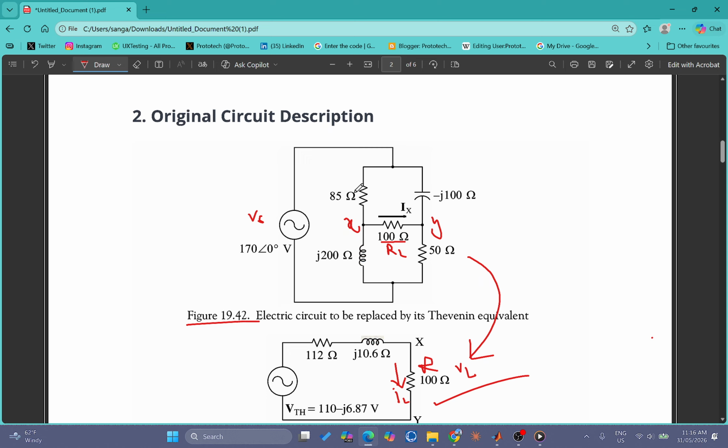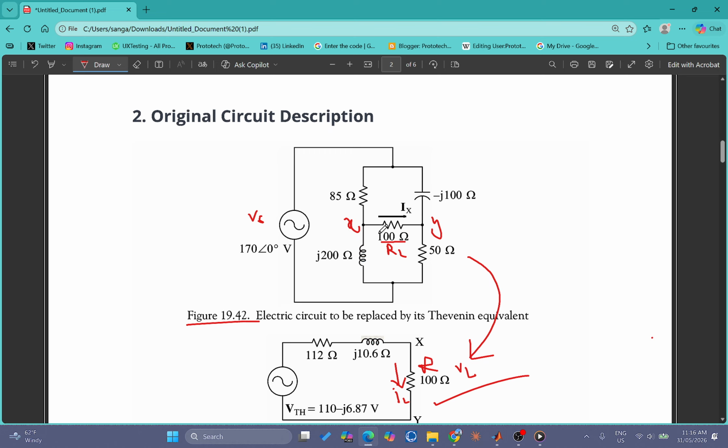So let's say at the left, the X branch consists of 85 ohms of resistance and an inductive reactance of 200 ohms. At the right hand side, the Y branch consists of a capacitive reactance of minus j100 ohms and 50 ohms of resistance.